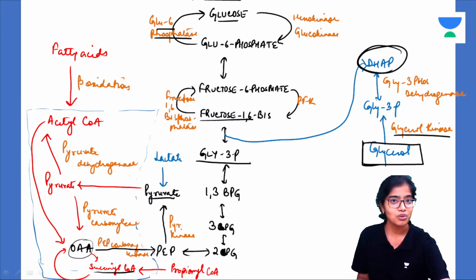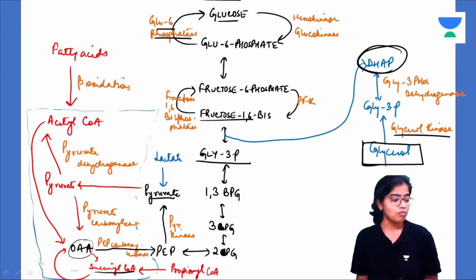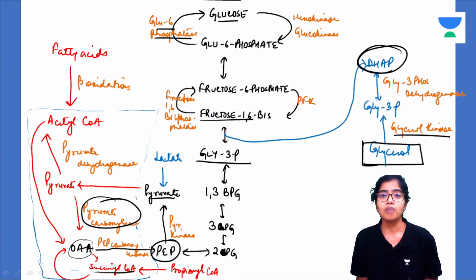Remember the first step of gluconeogenesis, the first reaction that we read tonight? Lactate will convert into pyruvate. Pyruvate will convert into oxaloacetate through pyruvate carboxylase. This oxaloacetate will become phosphoenol pyruvate through phosphoenol pyruvate carboxykinase.